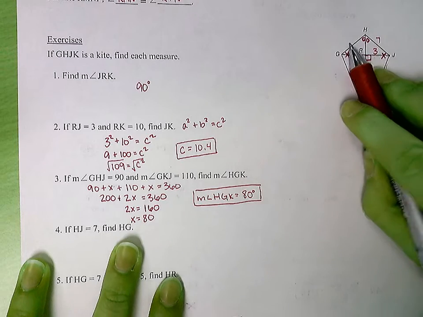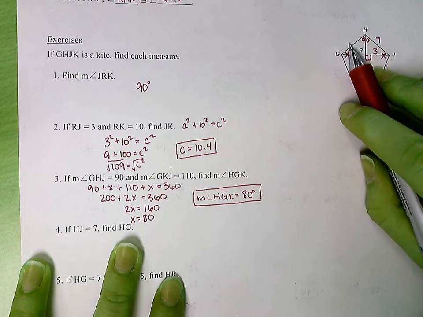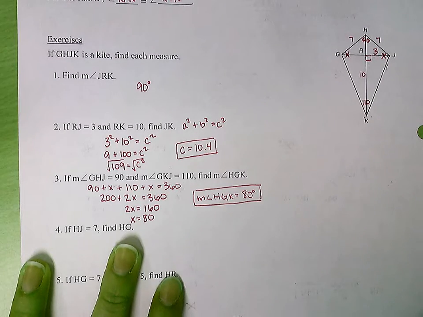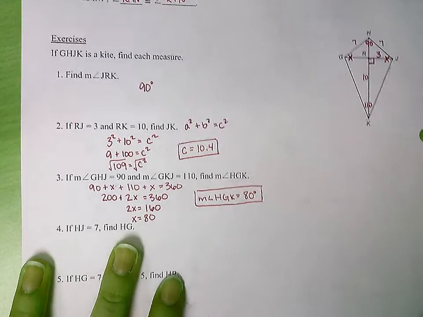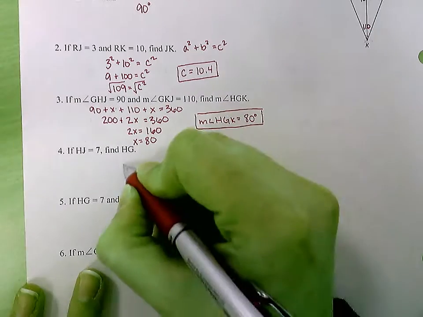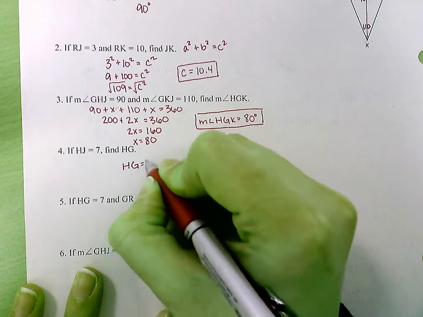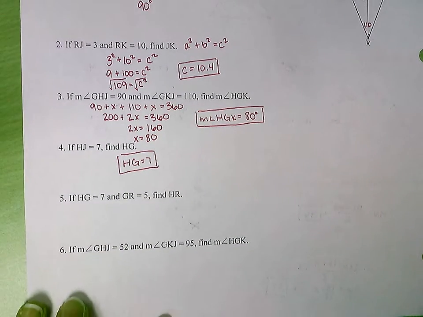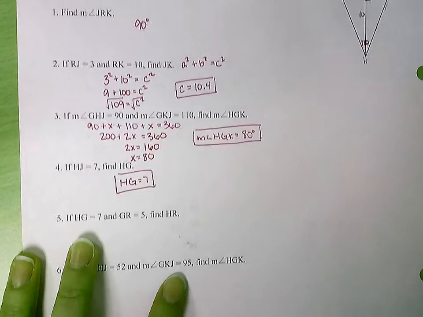Well, your consecutive sides in your kite are congruent, meaning HG would also have to be 7. So here, HG would be 7.